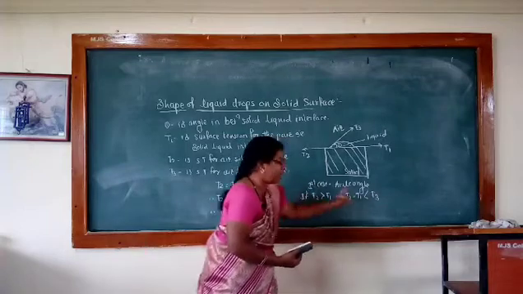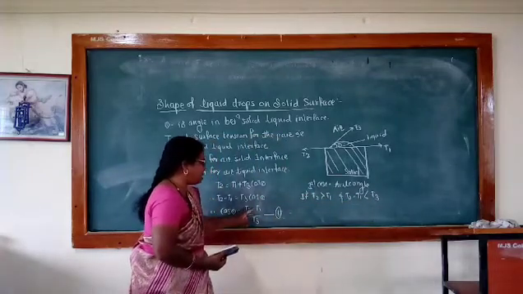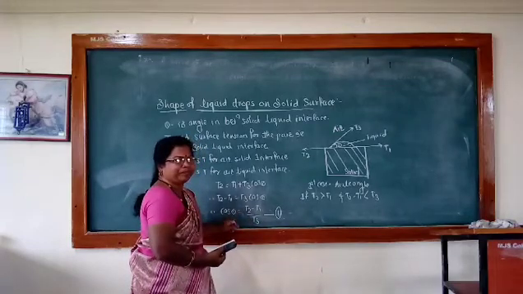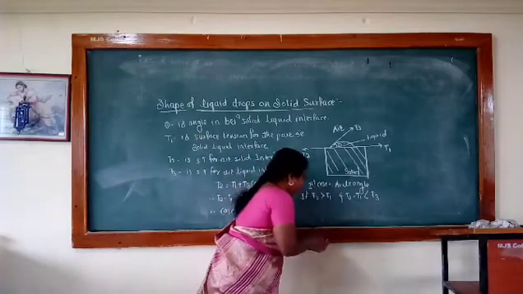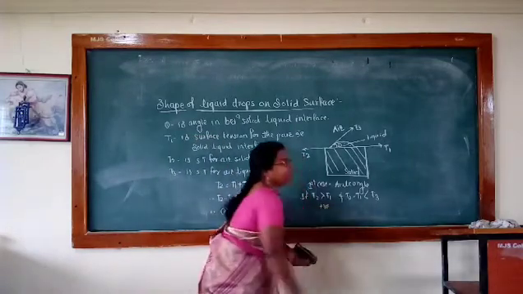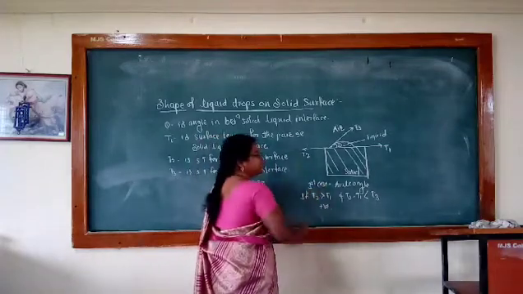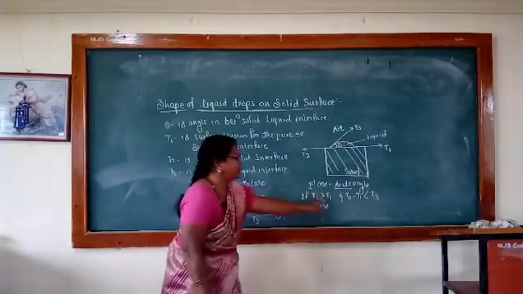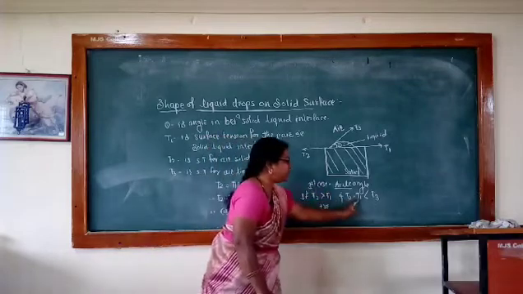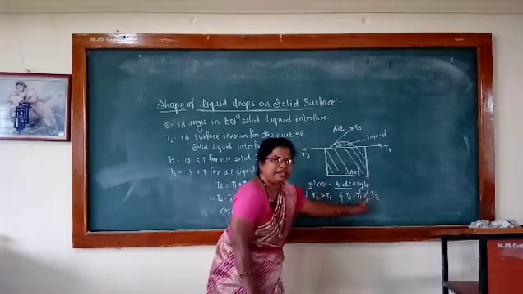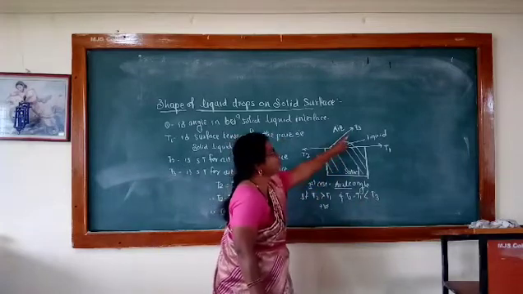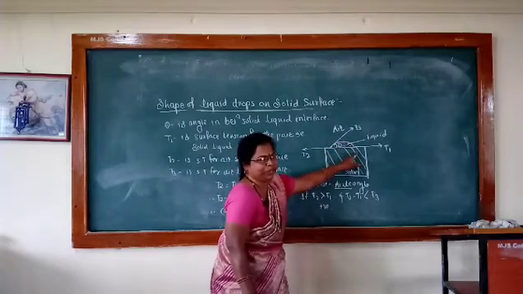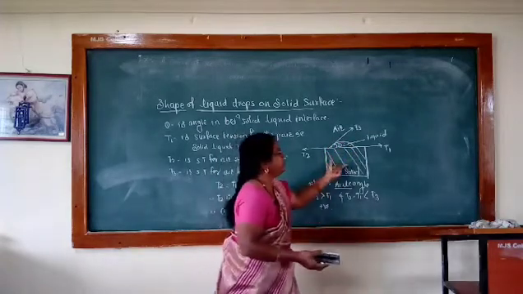Then the value of cos theta is positive, and therefore the angle made in such contact is acute. This is the first case where there is the formation of an acute angle, and the shape of the drop should be in this way. That means it will spread on the solid surface.